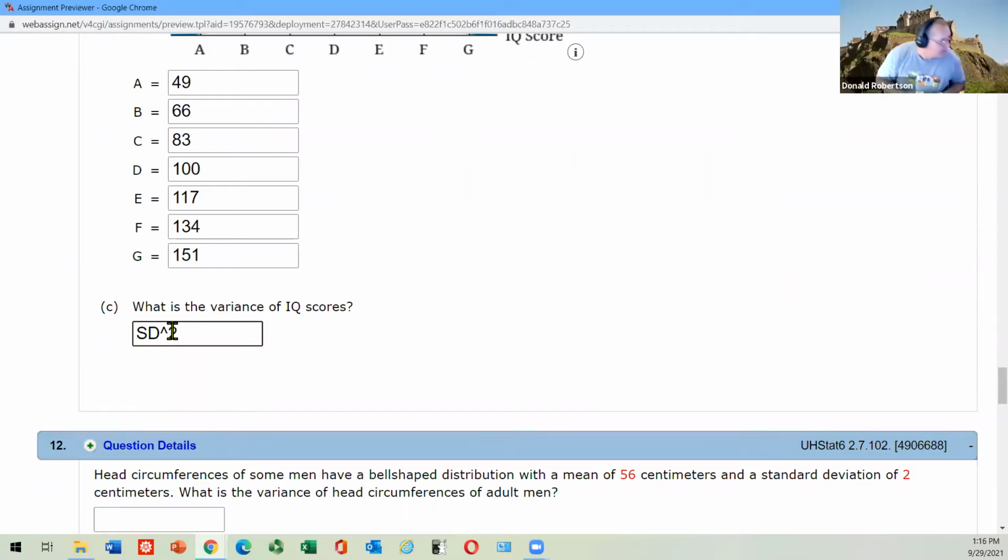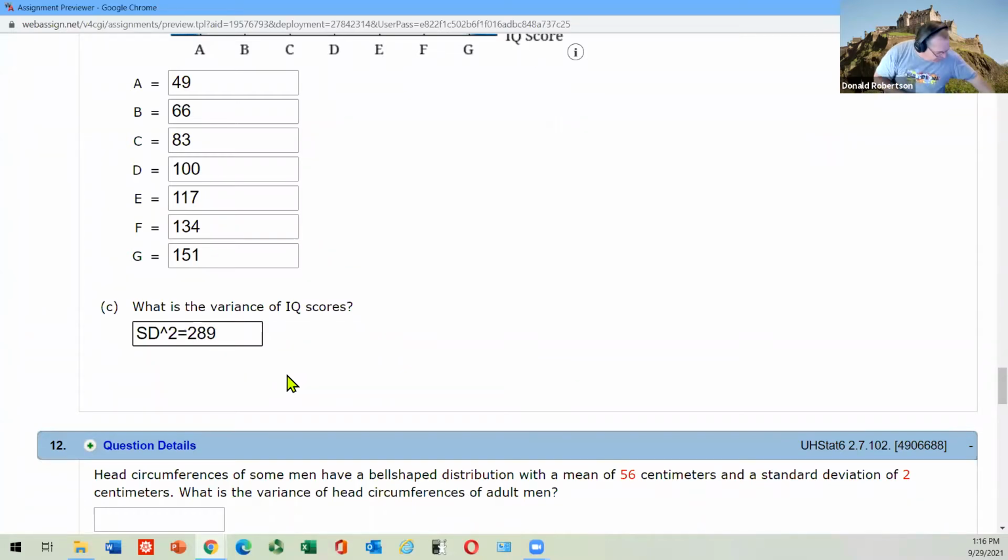Thankfully, the variance is the standard deviation squared. You just remember it and you're good. So if you ever get a question that says, what's the variance? Somebody somewhere in that question has already told you what the standard deviation is. You just need to square it. So in my case, it's 17 times itself, and it's a really big number. It's 289.